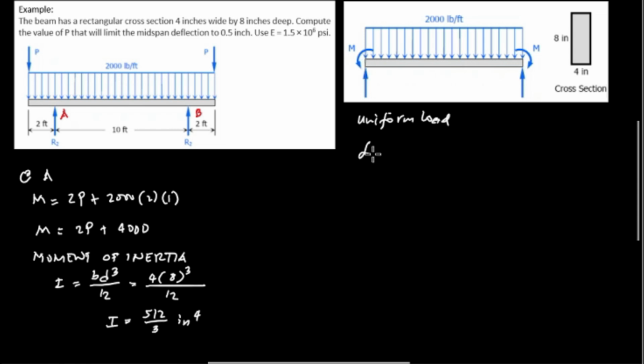The maximum deflection for midspan is equal to 5wL to the power 4 all over 384 EI for the uniform load, and for the end moment, the formula for deflection at midspan is ML squared all over 16 EI, both for the end moment at the left and the end moment at the right.